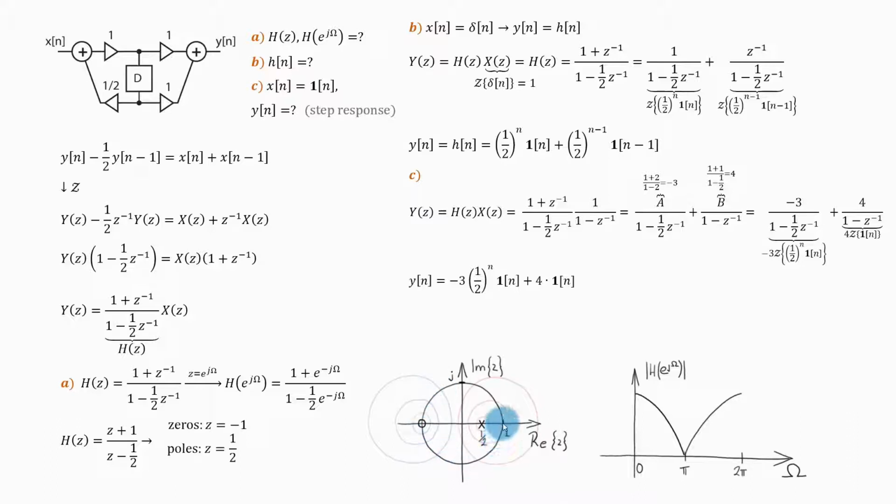So I will start here. This point corresponds to the normalized frequency equal to 0, and then I go down the hill, down the hill, down the hill, down the hill. This point corresponds to the normalized frequency equal to pi over 2. Now I continue. I go down the valley, and all the way to this zero.